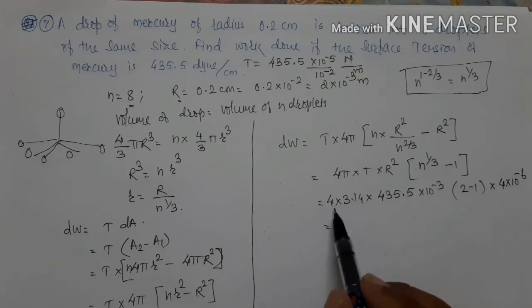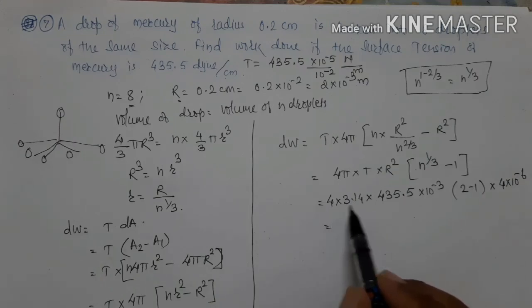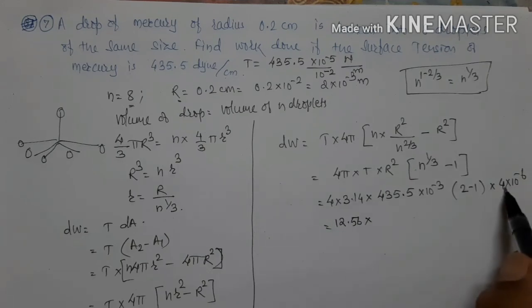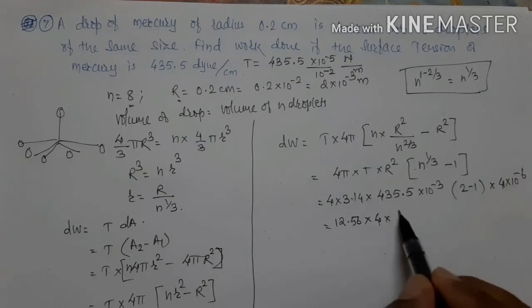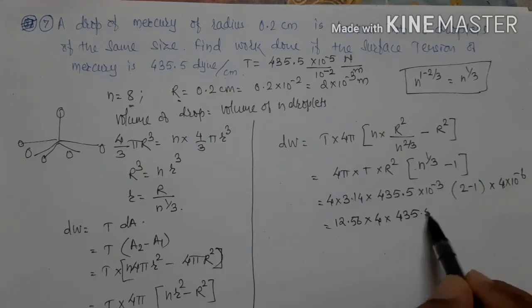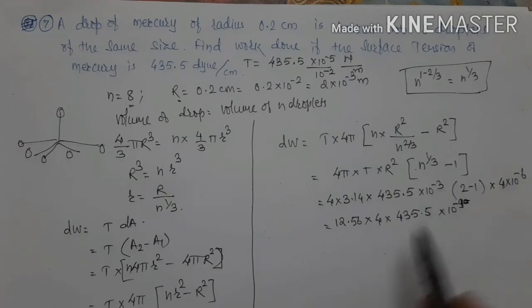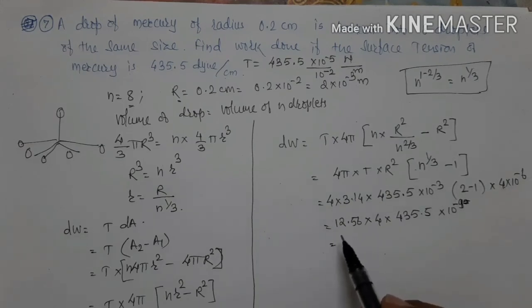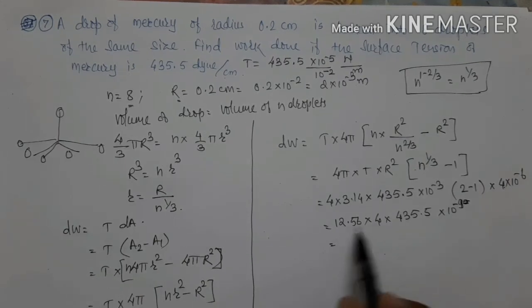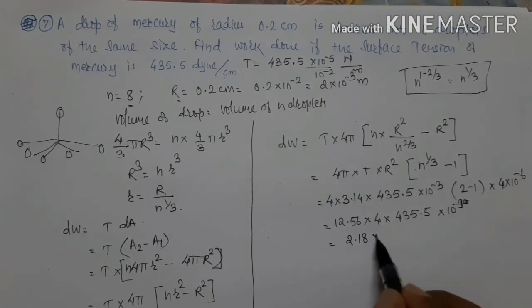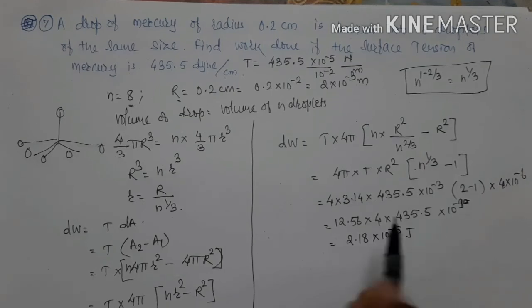Therefore, what you will get here? 4 into 3.14 is 12.56, into 4 into 435.5 into 10 to the power of minus 9 (10 to the power minus 6, minus 3, minus 9), and the total comes out to be equal to 2.18 into 10 to the power of minus 5 joule.